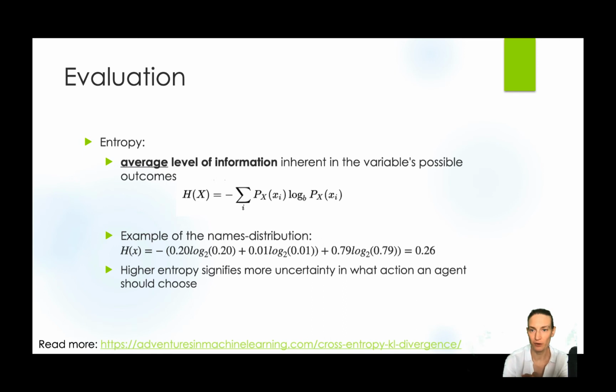So if we fill in the formula above, it gives us that the resulting entropy is 0.26 bits. Okay. It's low entropy. That makes sense because most of the names are Annabelle. So in 79% of the time, you're certain what the name would be. And only in a few percent of cases, you're surprised, meaning that if we calculate the entropy, it's very low.